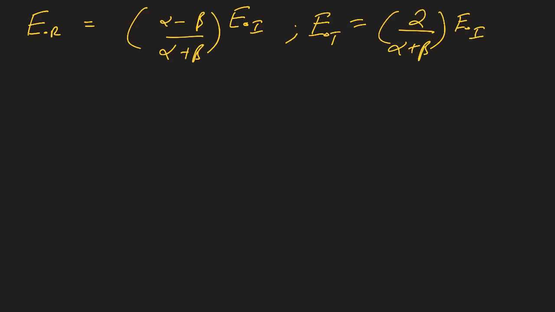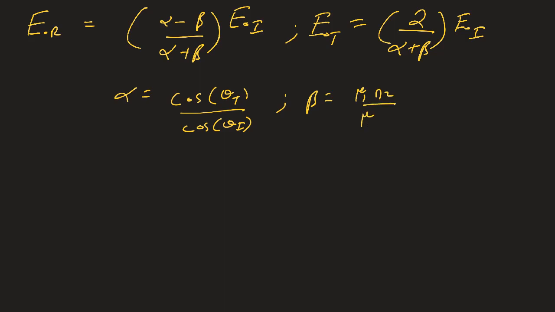What was alpha? Alpha we saw was equal to the cosine of the angle of transmission over the cosine of the angle of incidence. And this factor beta was equal to mu1 n2 over mu2 n1.